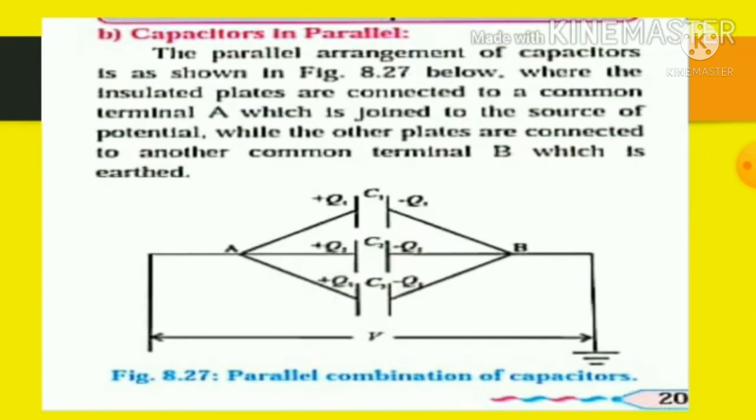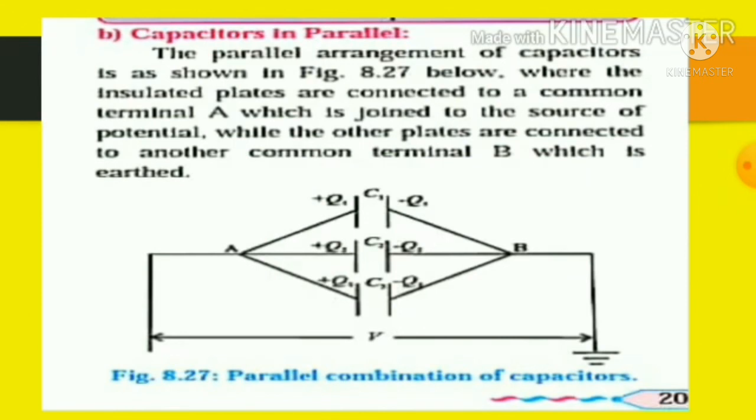Then the total charge supplied from a source of potential is nothing but Q, and this total charge Q is divided among the C1 capacitor, C2 capacitor and C3 capacitor.